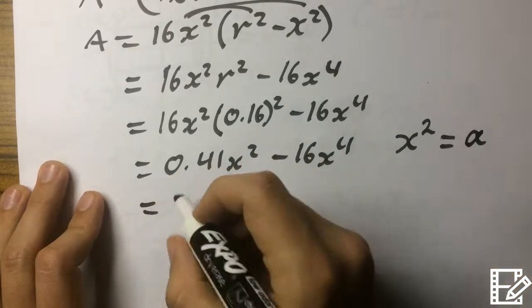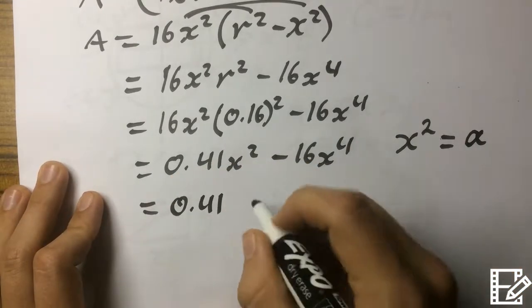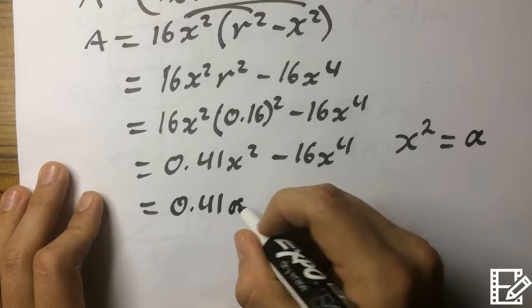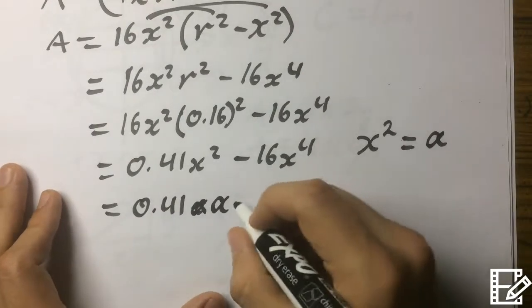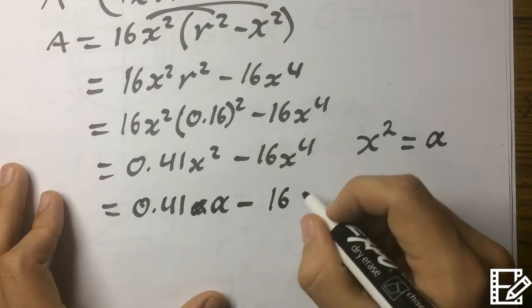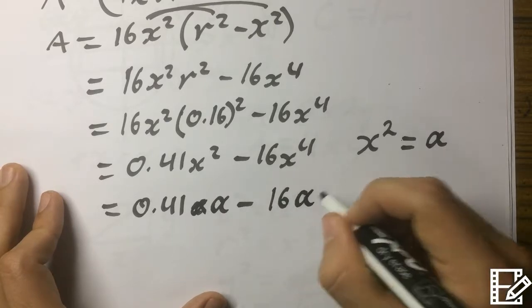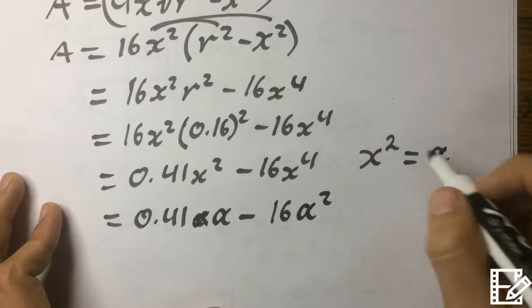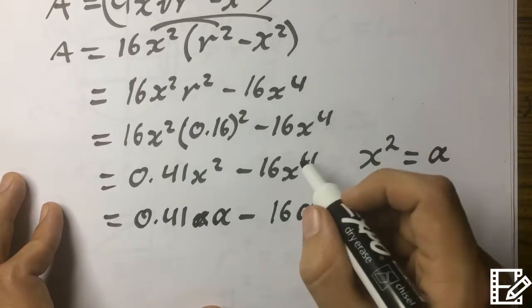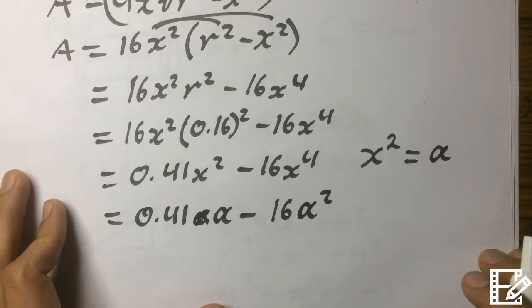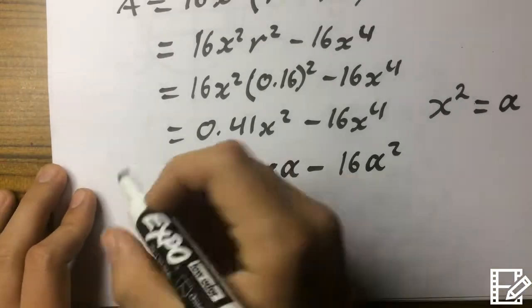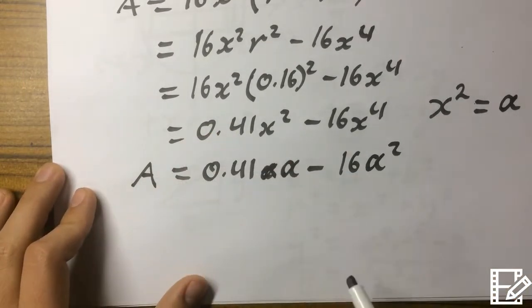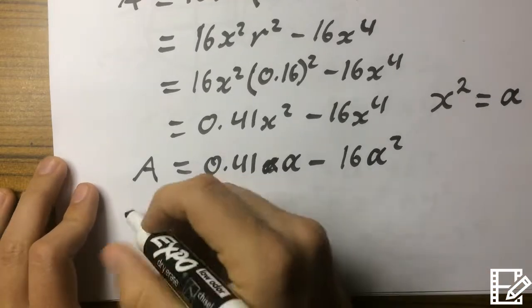So now that will look like 0.41 alpha, that's a bad alpha, minus 16 alpha squared, because x squared is 1 alpha, therefore x to the power of 4 is alpha to the power of 2. Okay, that is our area. Now we can work with this really easily.